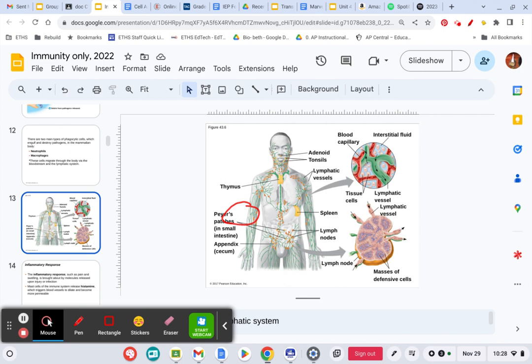And so when something infects the bloodstream, for example, the macrophages and different infected cells can push that material into the lymphatic tissue. And then from there, some of that will be coughed up and spewed out, and some of it will be reabsorbed back into the bloodstream at certain points. Okay, but it's a really important part of your body.